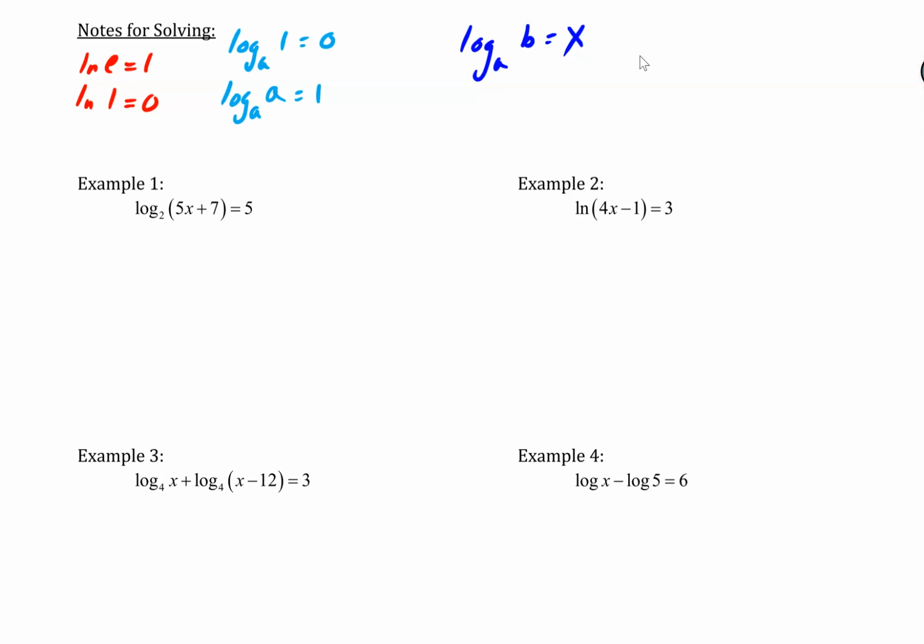What happens is we can convert this to an exponential equation by taking the solution to the log equation, making it the exponent of the base, and setting it equal to whatever term we're trying to take the log of.